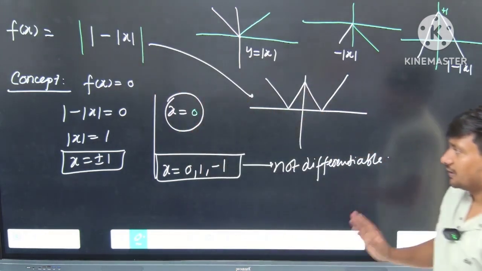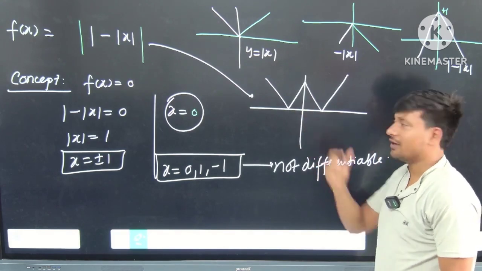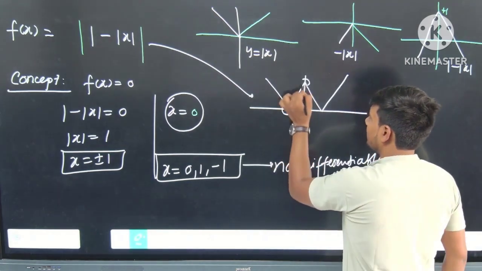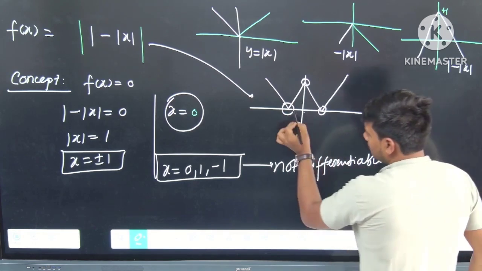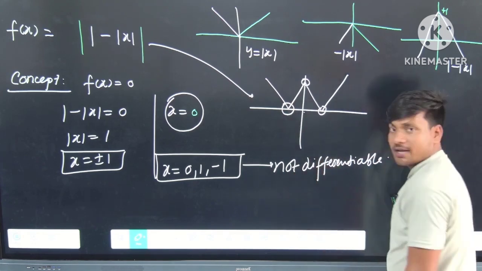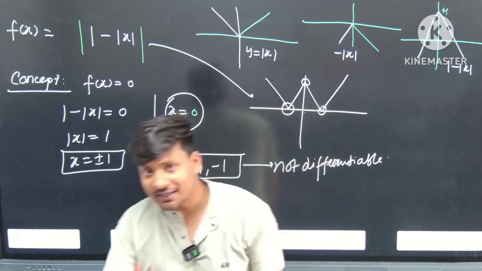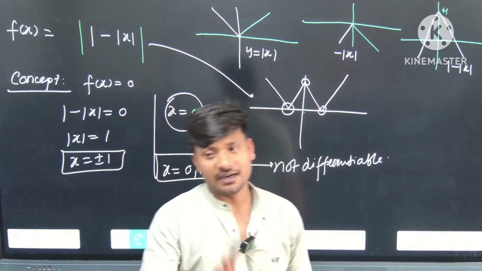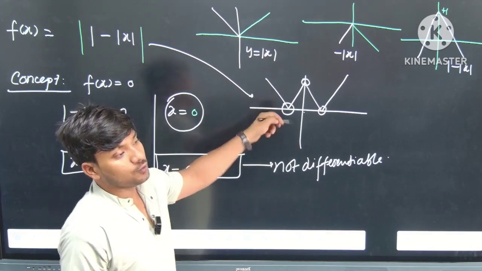And clearly you can see that there are sharp corners here, here and here. At x equal to 0, we have a sharp corner. At x equal to minus 1, we have a sharp corner. At x equal to plus 1, we have a sharp corner. So at these 3 points, the function is not differentiable. Due to a sharp corner, there will be 2 tangents.